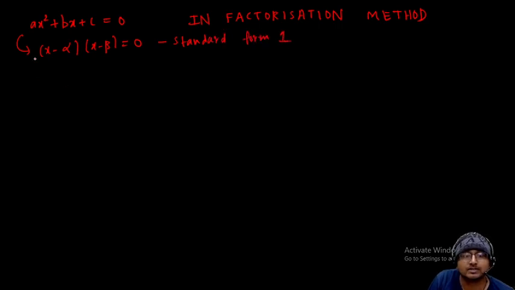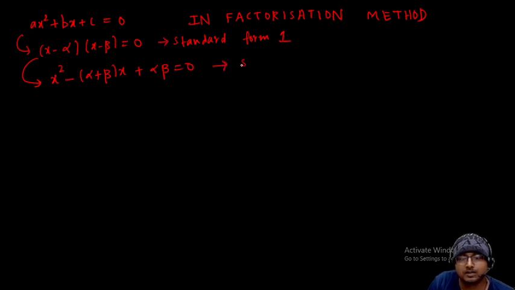The other standard form, one more standard form we will get, is x square minus (alpha plus beta) into x plus alpha beta is equals to 0. So this is one more standard form, standard form number 2.